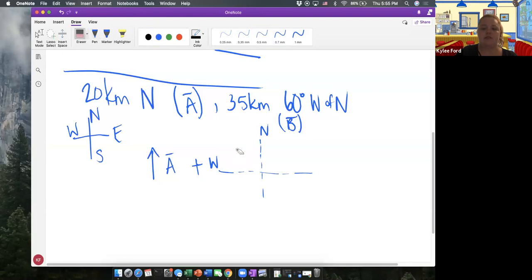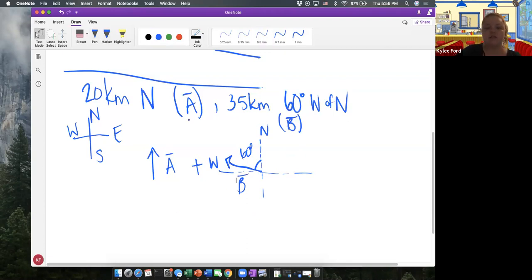Actually, it's a little bit too far up, probably about there. Because this is what it means by our 60 degrees west of north. This is the angle we're looking at here. Okay, so now we have our A and our B.